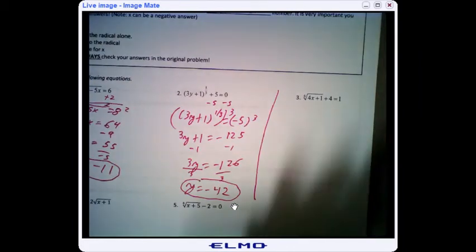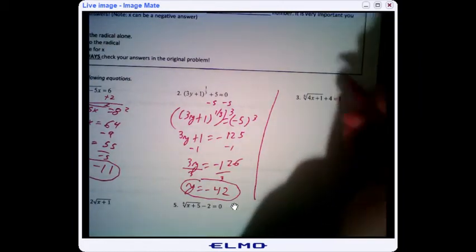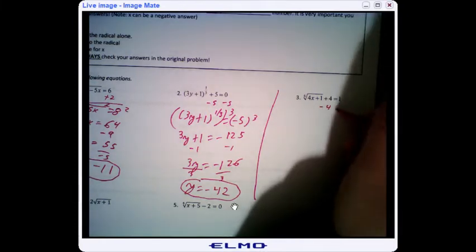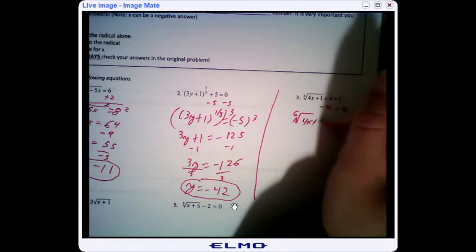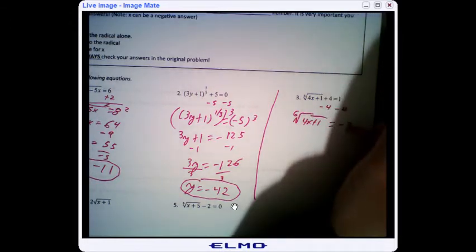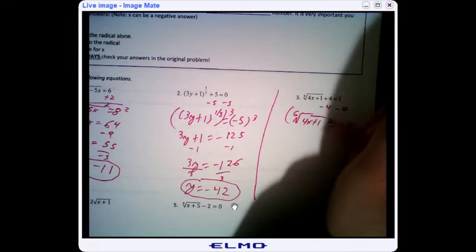For 3, we want to get that 6th root by itself first, so we're going to subtract 4. So we're going to have the 6th root of 4x plus 1 equals negative 3. And then we're going to raise both sides to the 6th power.